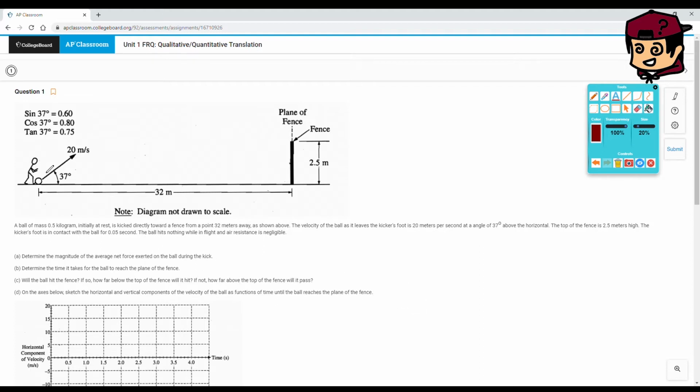So whenever we have a question like this, we know we got components, right? So before we even start, let's sketch out the components. We got our ball. This is our velocity that they give us here, 20 meters per second.